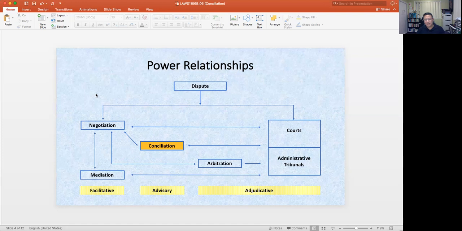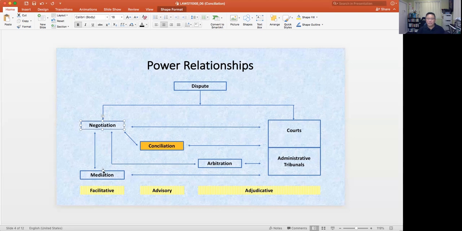So when it comes to negotiation and mediation, we will recognize that much of the power in terms of reaching a settlement or reaching an outcome is actually in the hands of the parties themselves. When it comes to negotiation, it is the parties who have the power or are empowered to reach an agreement. They do it by themselves. No one compels them to reach an agreement.